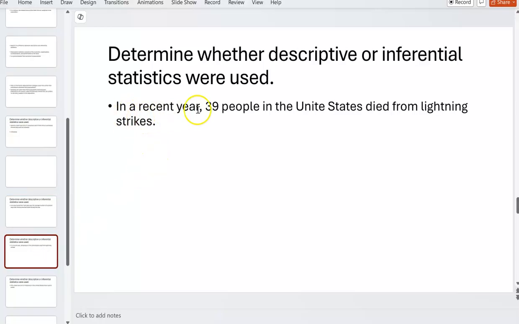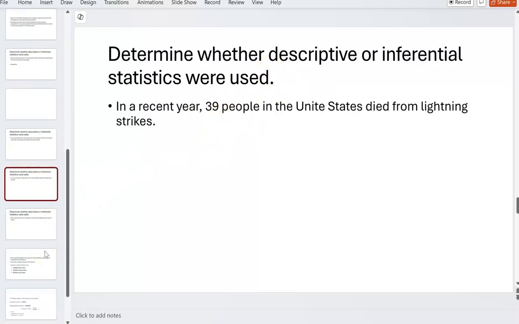Next, in a recent year, 39 people in the United States died from lightning strikes. This would also be an example of descriptive statistics, because we're saying specifically 39 people.